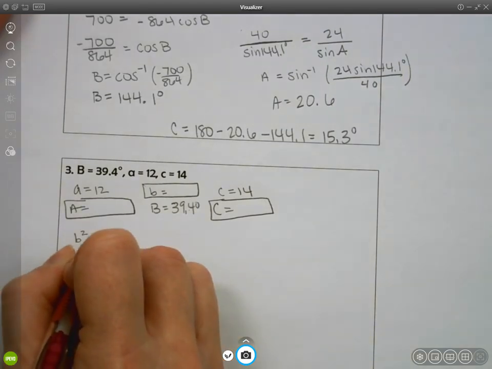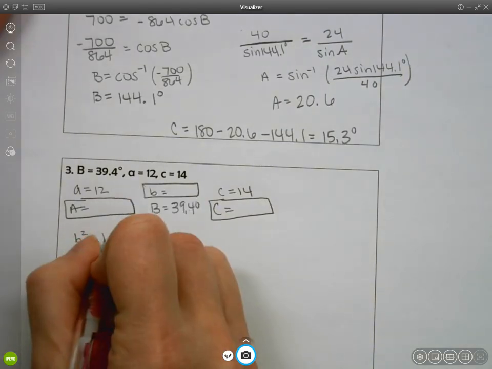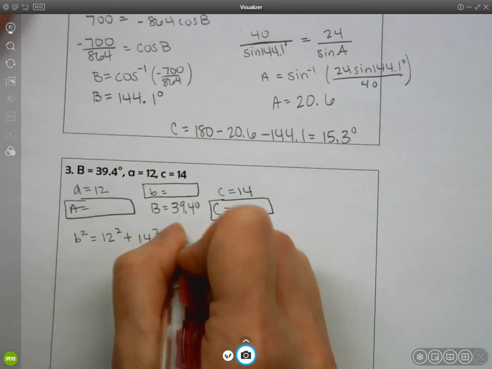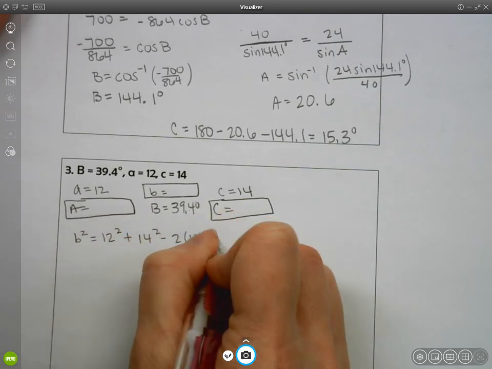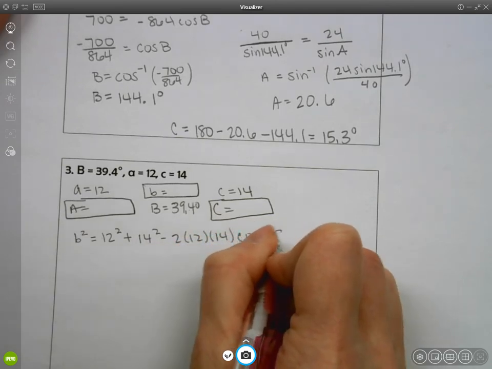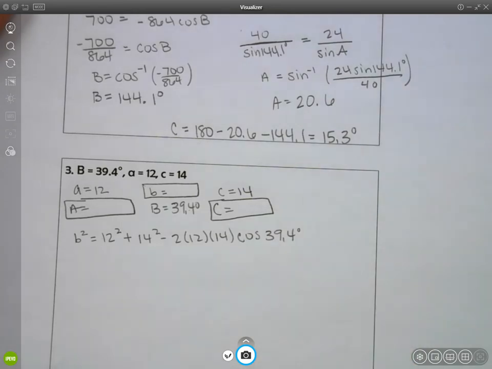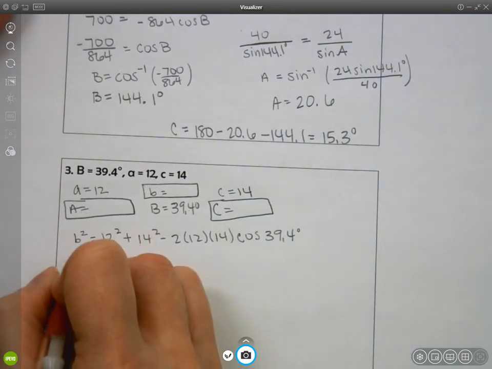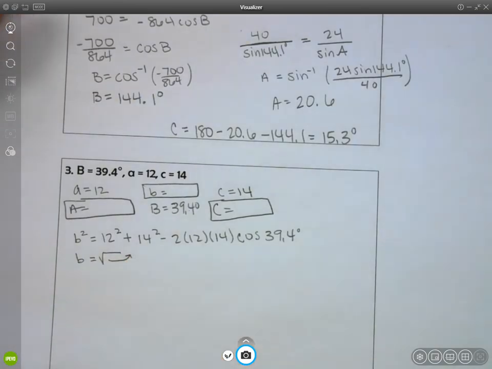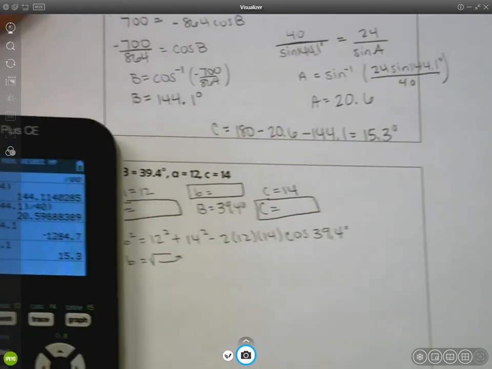So we'll do B squared is equal to A squared plus C squared minus 2AC cosine angle B. All right, so we're just going to take the square root of all of that, which is how I normally show my work because I'm a little bit on the lazy side.